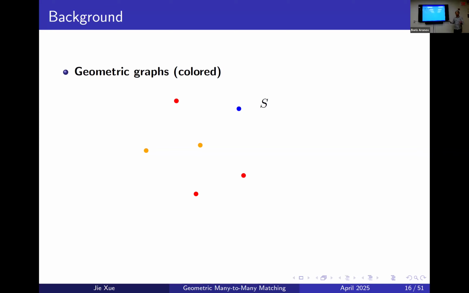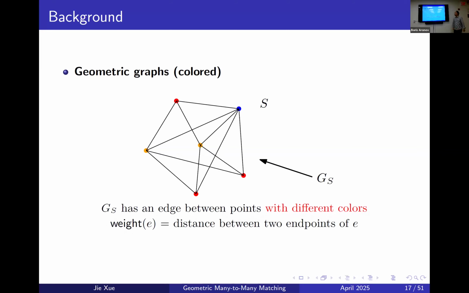And then when you connect points with edges, you only connect pairs of points with different colors. So in this case, your graph looks like this. You don't have an edge here because these 2 points have the same color. You don't have edges here because all of them have the same color. So you only connect the so-called bichromatic pairs of points.